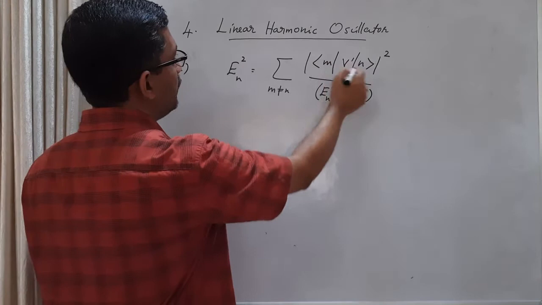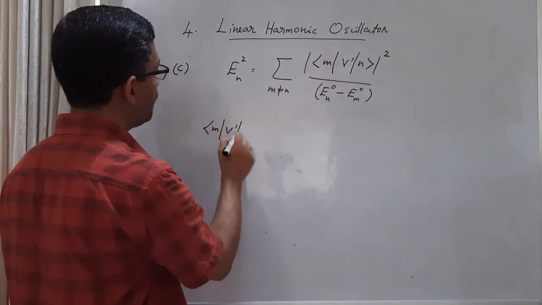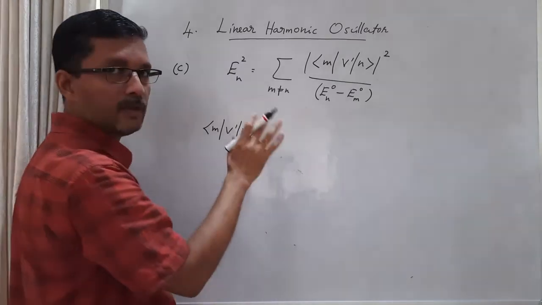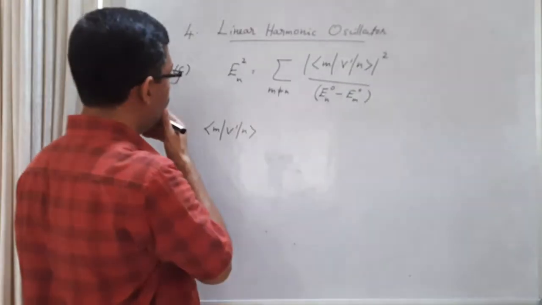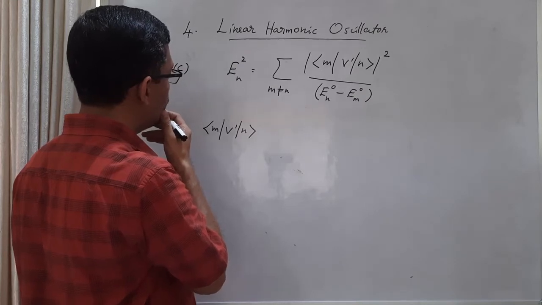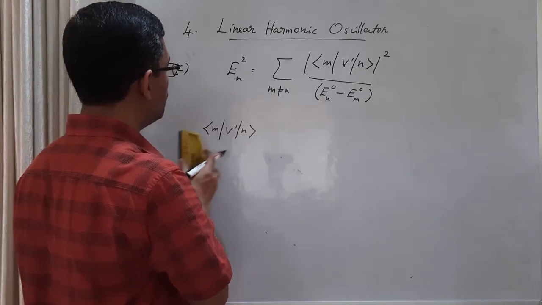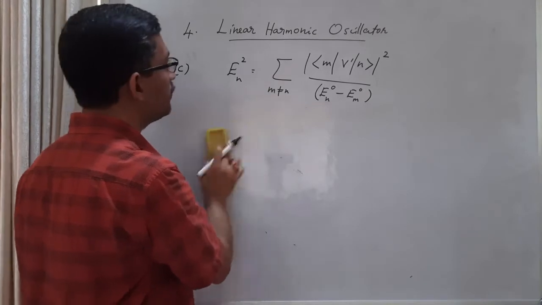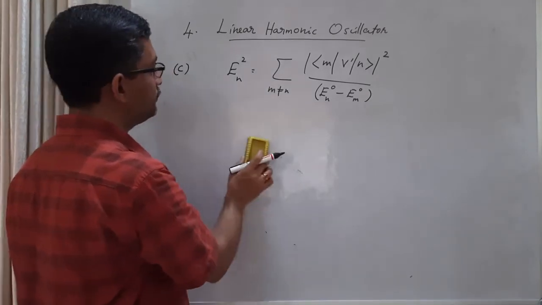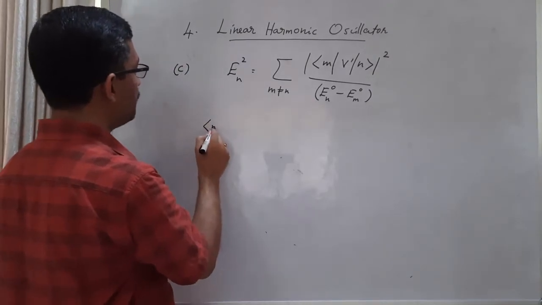So let us evaluate this first. What is this? <m|V'|n>. We can calculate the square itself. Let us see what this <m|V'|n> is.